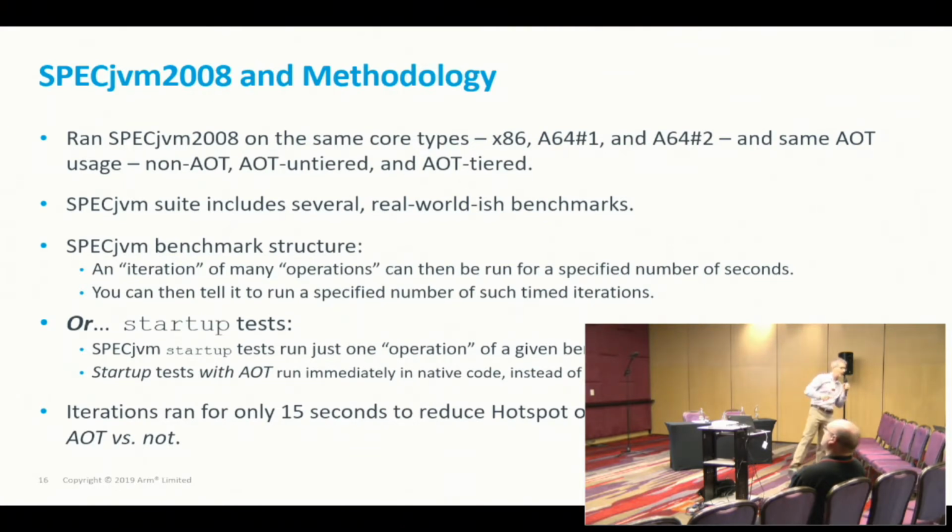And that's the number that you get out of a startup test. Now, that is where you would expect AOT to really shine, right? Because it's either going to run that tiny piece of code in native with AOT, or it's going to run it mostly in the interpreter, right? So that's where you'd expect to see the biggest difference. So I was very interested, especially in those startup tests, but of course, all of them for that matter.